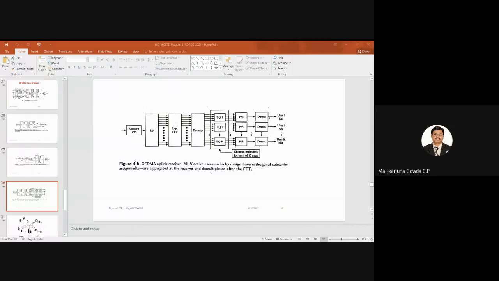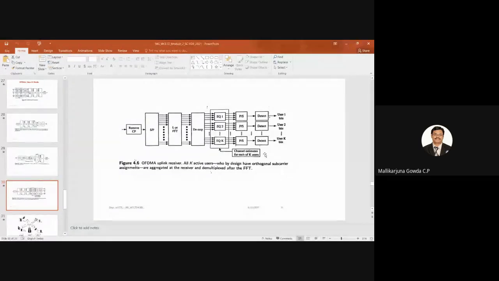For each user there will be equalizers, for estimating the channel for K users, then parallel to serial converter, detection. You will be able to get back each user's information at their particular destination, that is user 1 bits, user 2 bits, and so on up to user K bits. So with this, we can understand how similar things are there. Once you understand it for one particular user, it can be extended for any number of users.